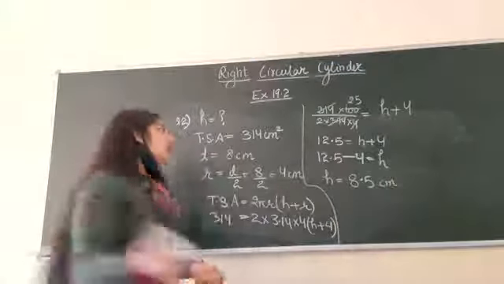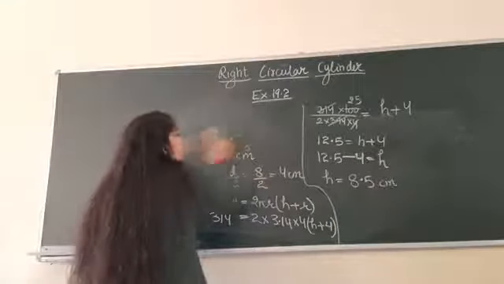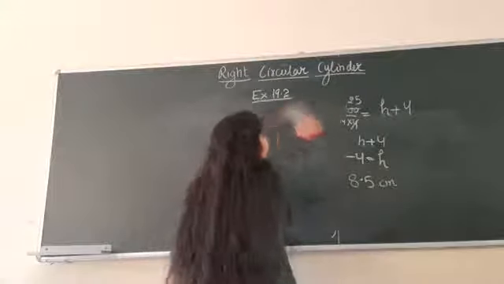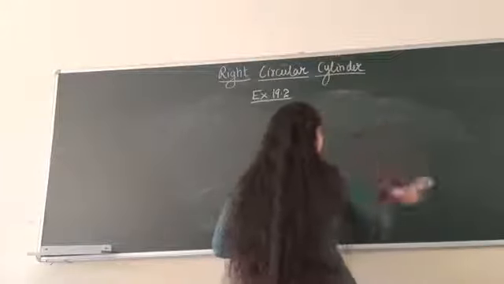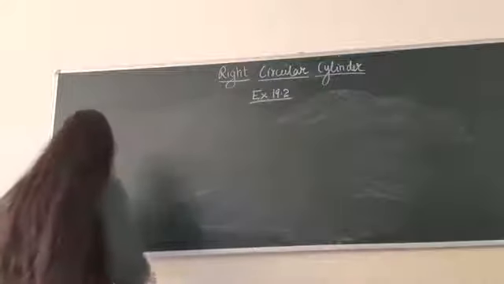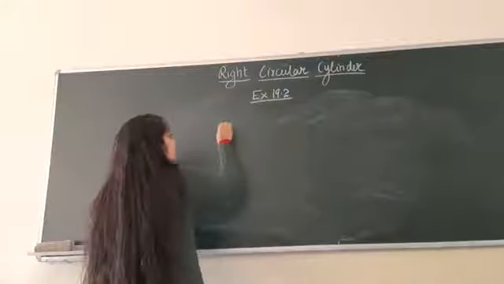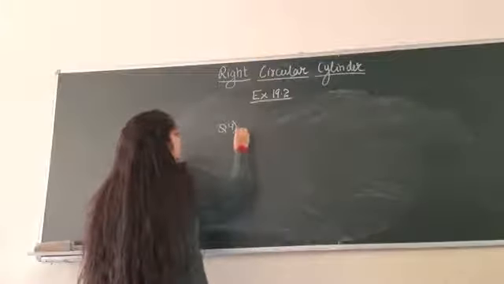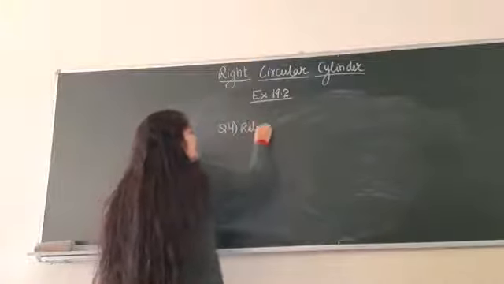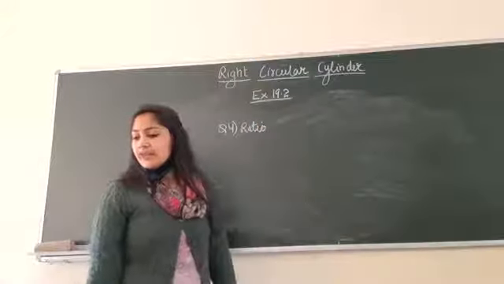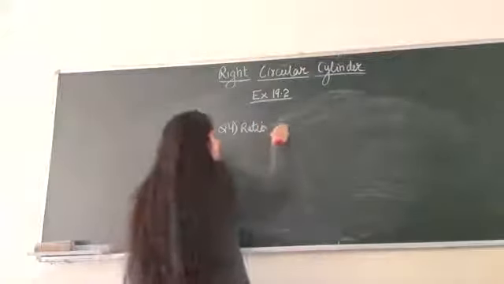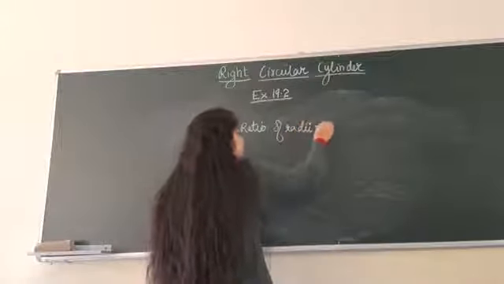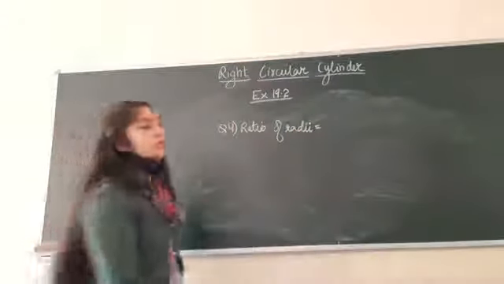Let me first write and then I'll explain. This is question number 4. First of all, we will write the things given to us, that is ratio of radii is equal to 2:3.